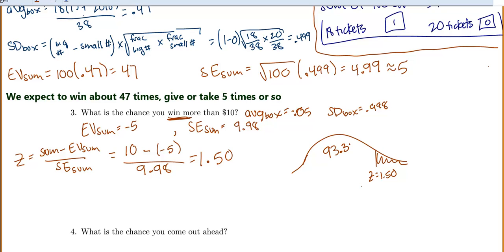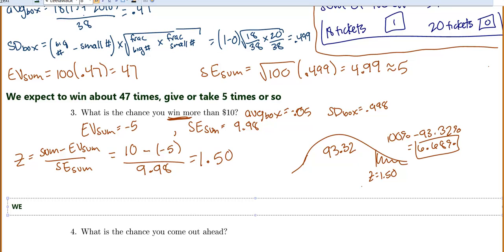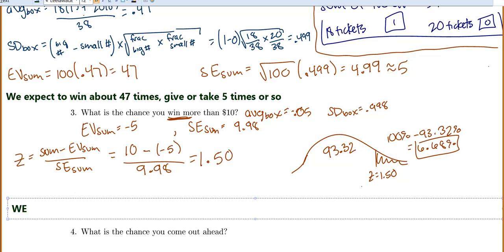We want the area to the right, so 100% minus 93.32% is 6.68%. So that's my final answer. Let's write it out. So we have a 6.68% chance of winning more than $10.